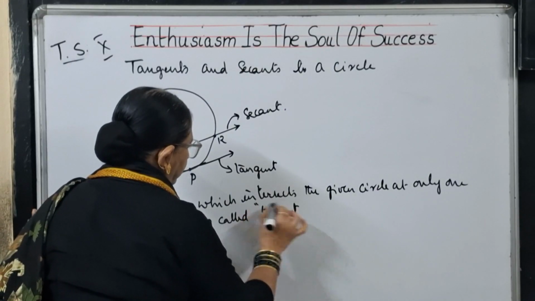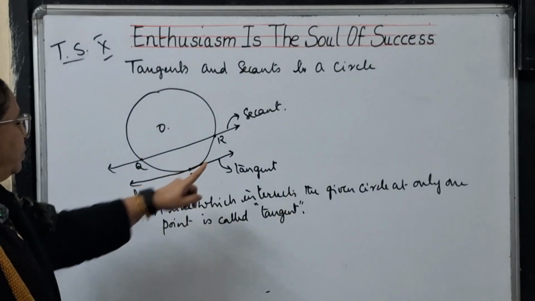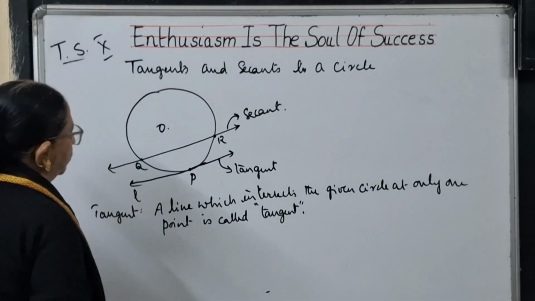This you can write as a definition of a tangent, when it intersects the given circle at only one point.